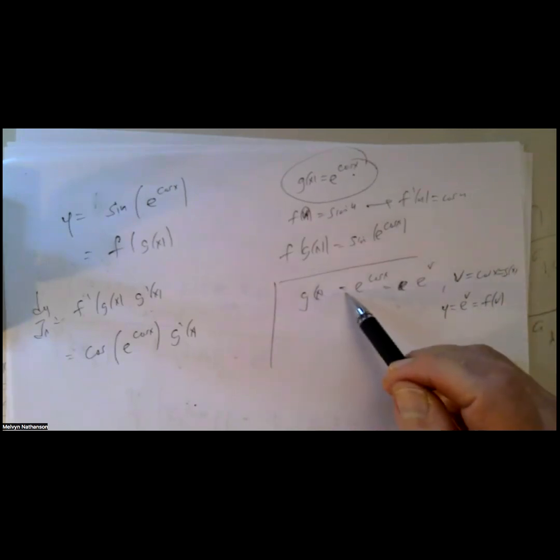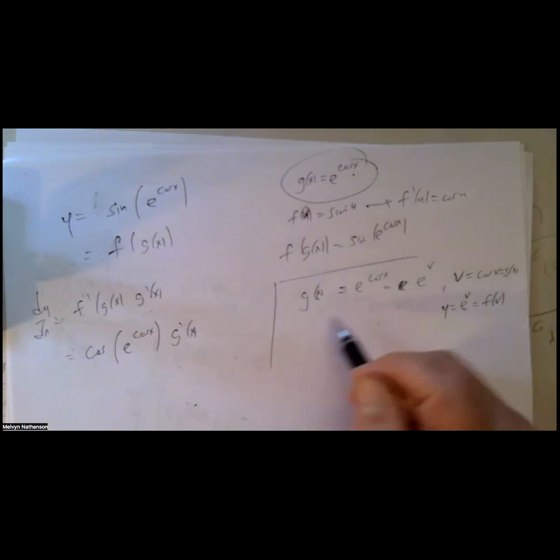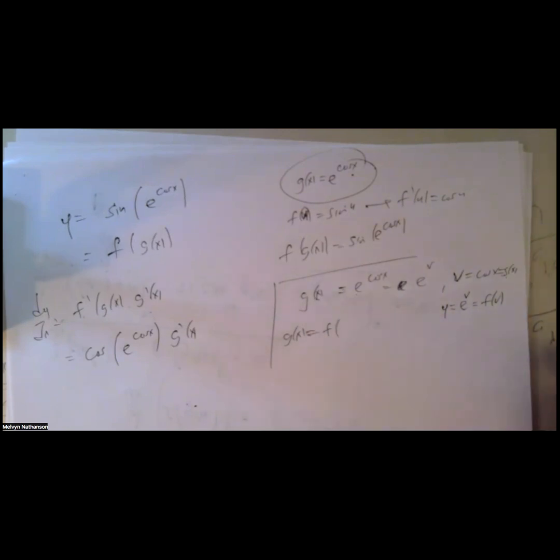So g of x equal to e to the cosine x is a composite of the exponential function with the cosine of x. So this is e to the cosine x.